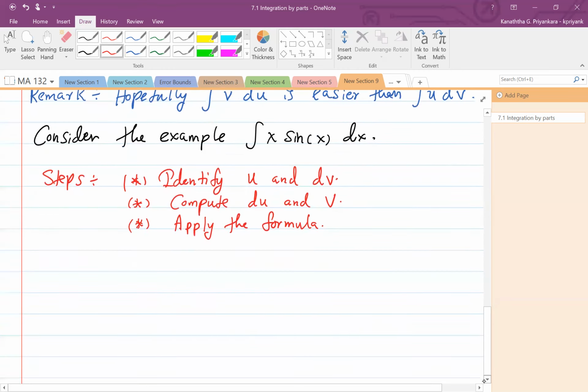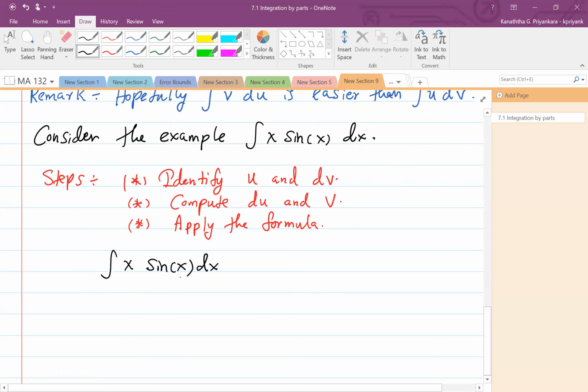Those are the steps that you need to follow to compute the integral using integration by parts. So let's consider again our integral x sine x dx.